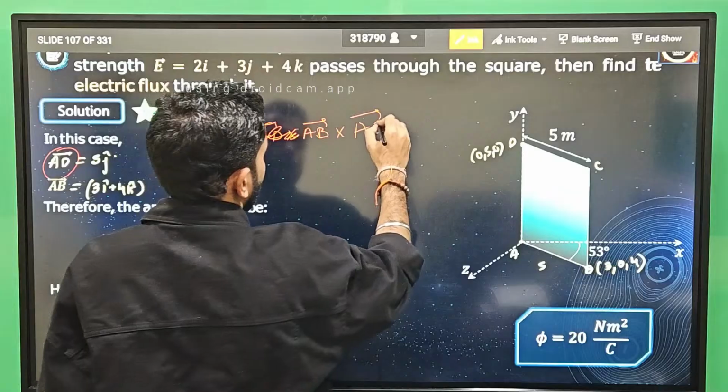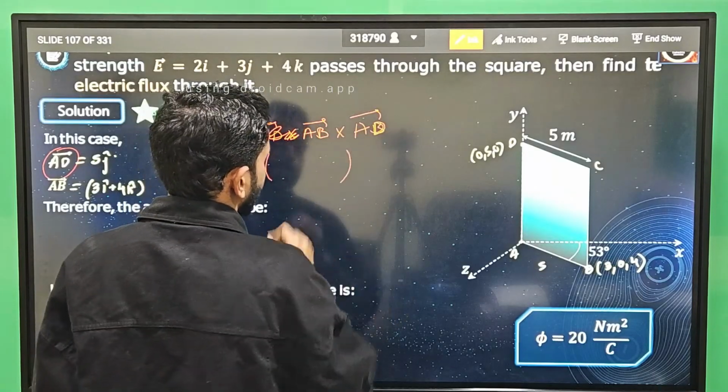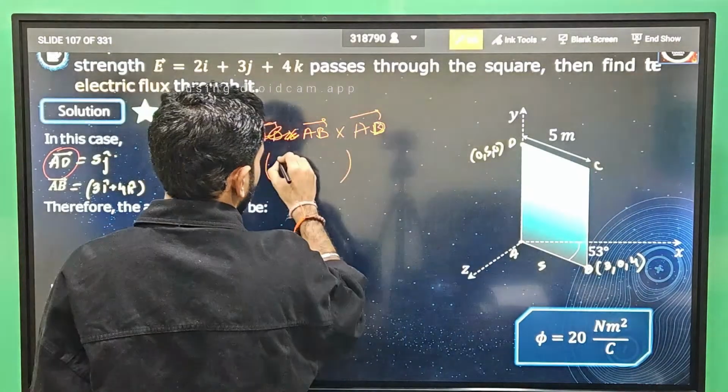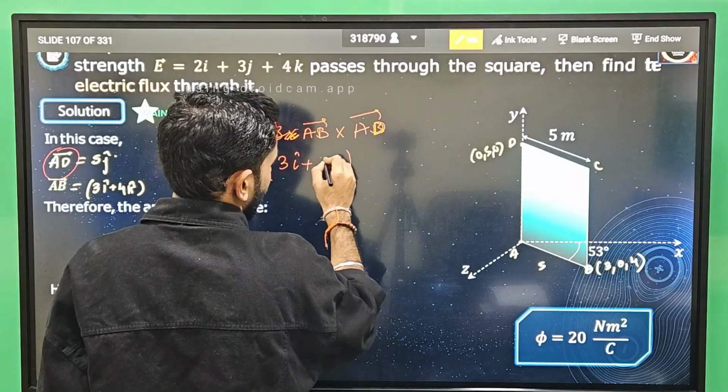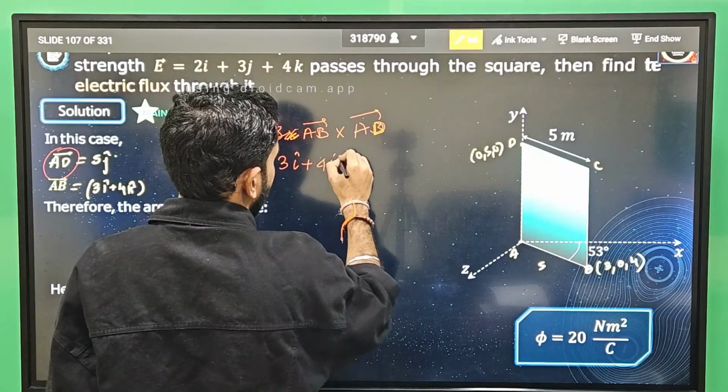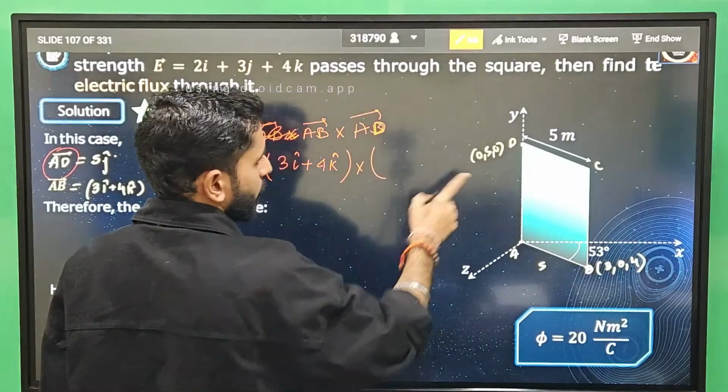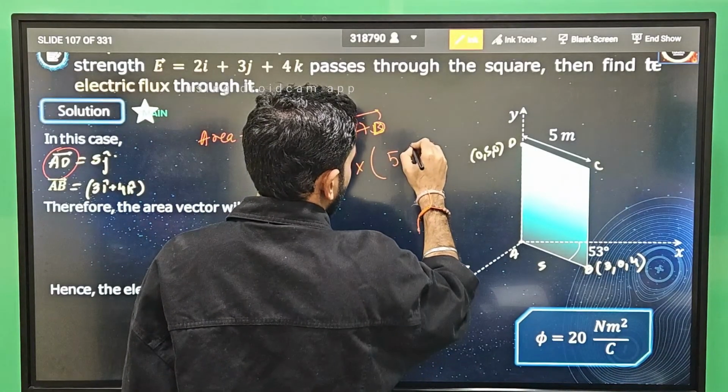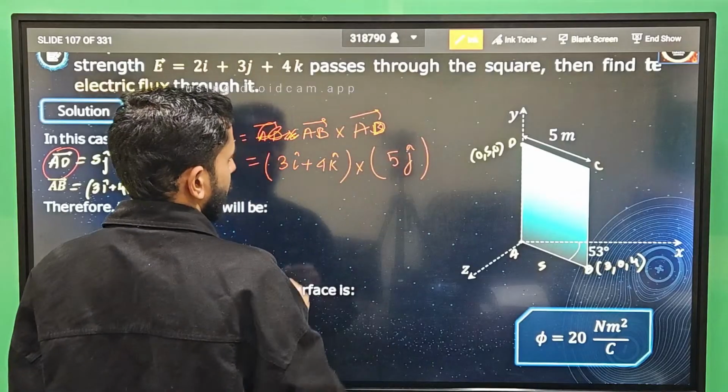AB cross AD. Tell me, what is AB? AB is 3I plus 4K, cross AD. What is AD? AD is nothing but 5J. Correct?